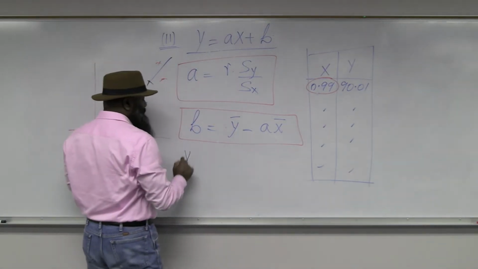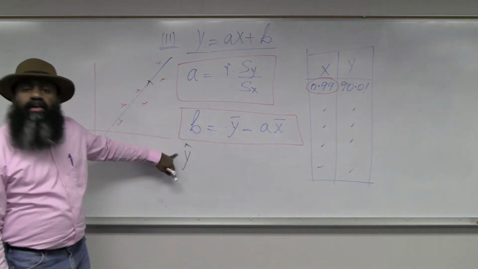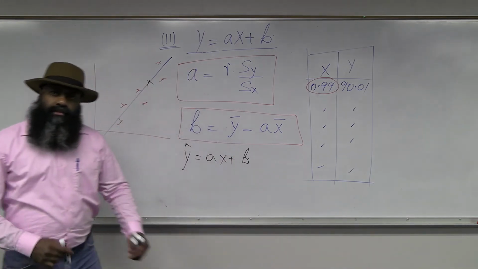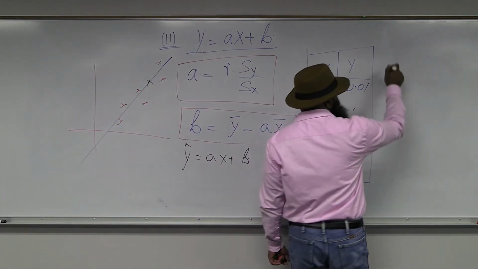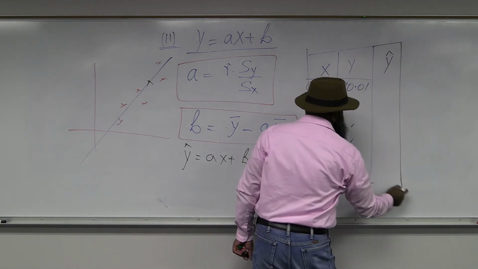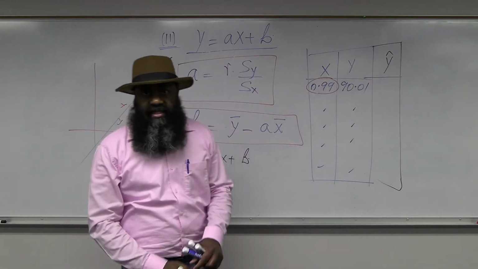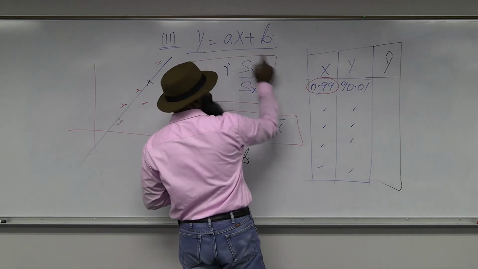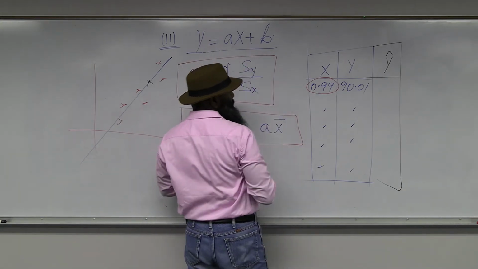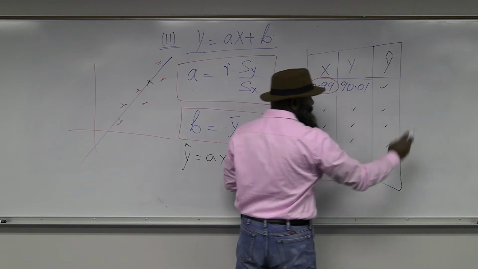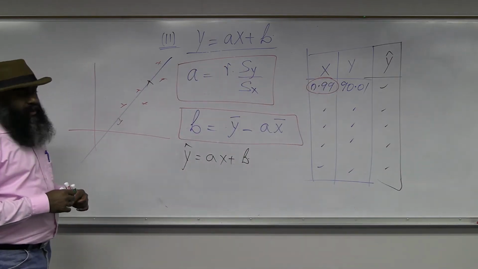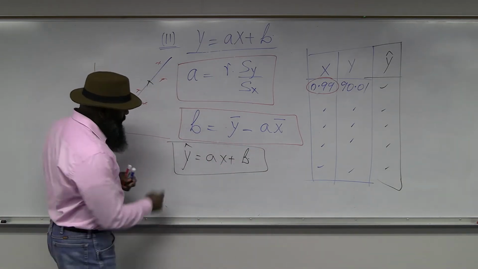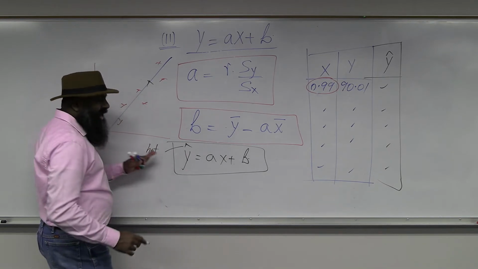Instead, we write the equation with y hat to say these are the calculated values. Y hat equals Ax plus B. Of course, you can find a complete column with y hat values next to the y readings of this data set. All I have to do is plug each of the x values into this equation, and you can then calculate the corresponding calculated y values. So please make sure that you write down the equation with a little hat. This is read as y hat.